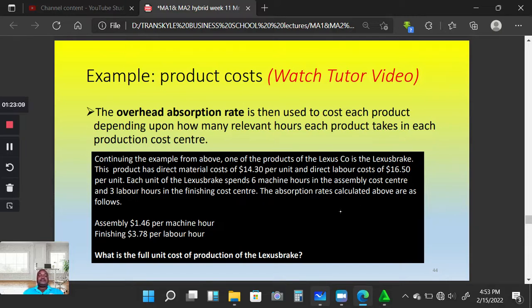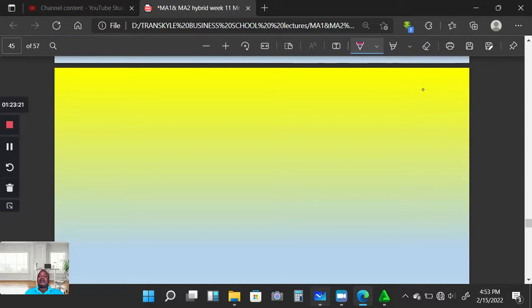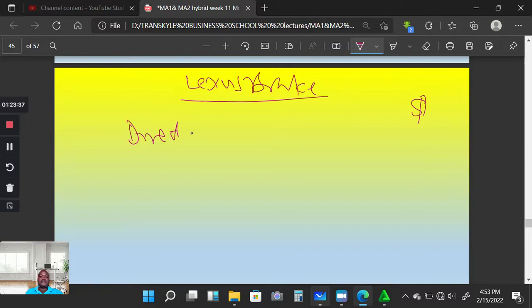Okay, this is very simple, ladies and gentlemen. Remember we talked about the unit cost card. So this is actually a question that is testing our understanding of the unit cost card. In this case, the unit is the Lexisco brake. Okay, that's our unit here. So we start with the direct materials.